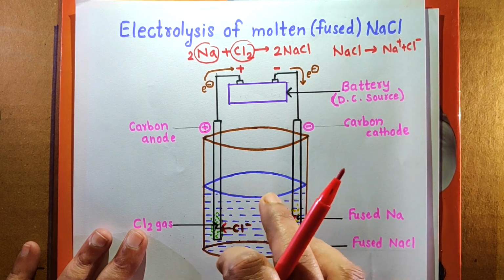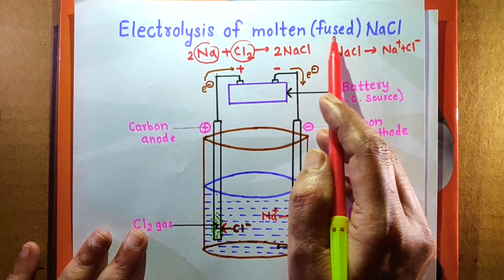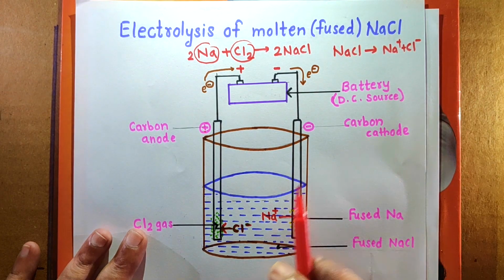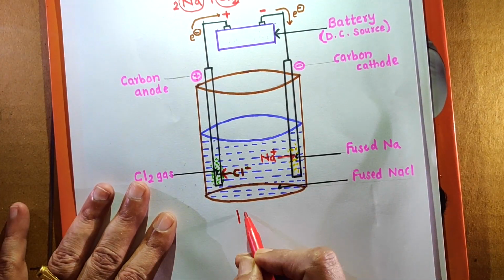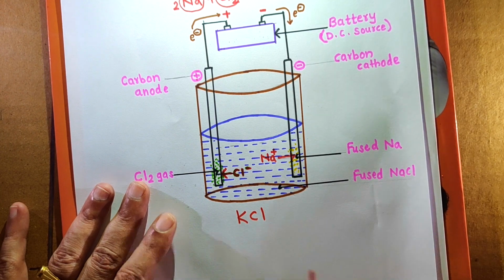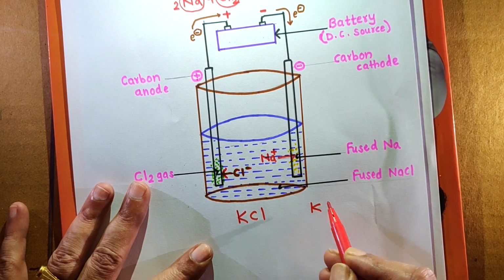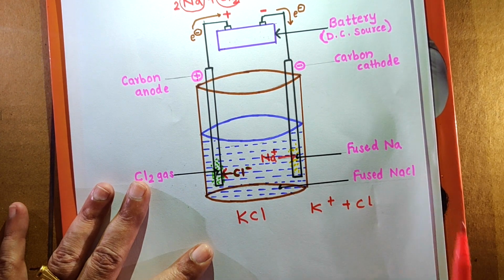So this electrolysis can be explained by using one example. We have taken this example of fused NaCl. Like this, suppose we have fused KCl, what will happen? Here again KCl is an ionic compound. K plus ions and Cl minus ions will be present in fused KCl.